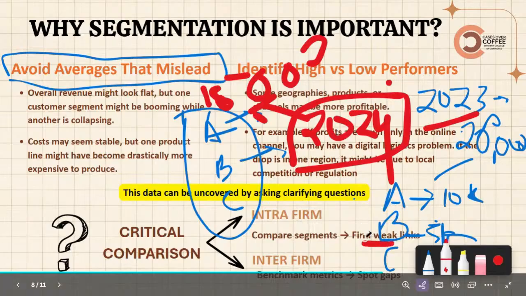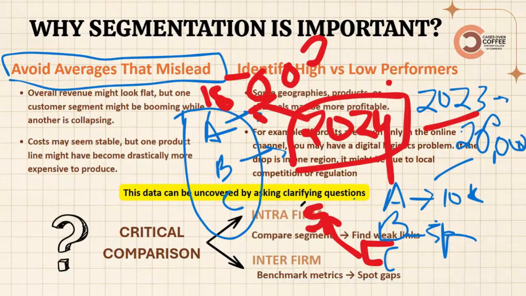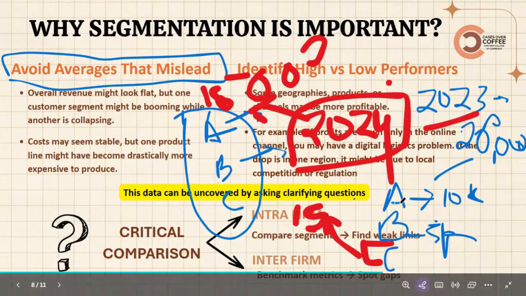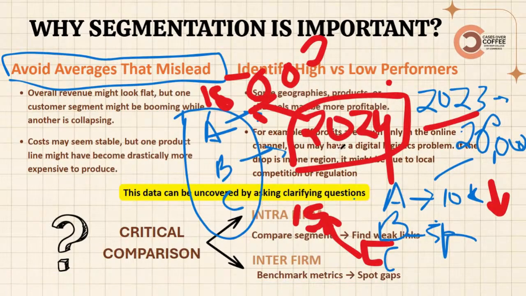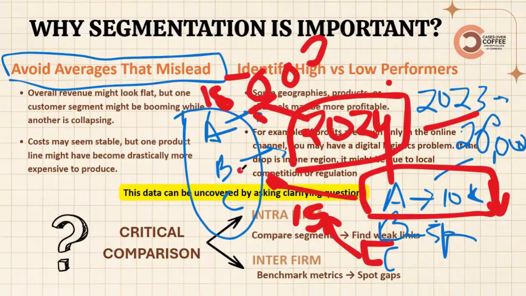In B and C, they were able to sell 5,000 units each, so a total of 10,000, and in A it dropped to 5,000. Although the overall revenue has fallen, if we take the total or average and then try to figure out the solution, the problem mainly lies with A. The revenue here has fallen by 50%.